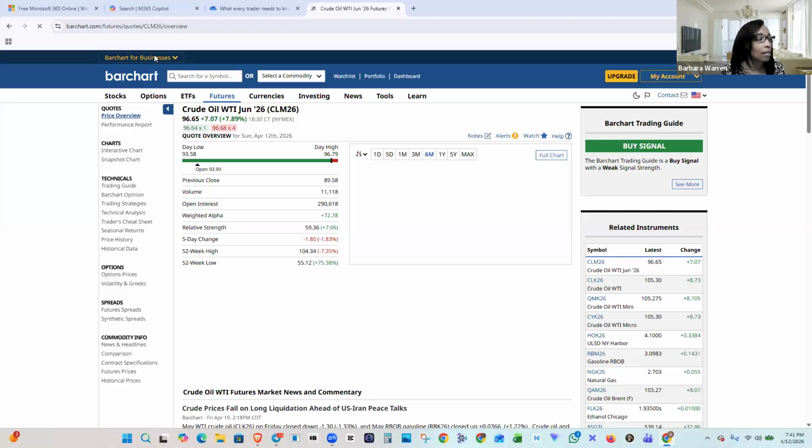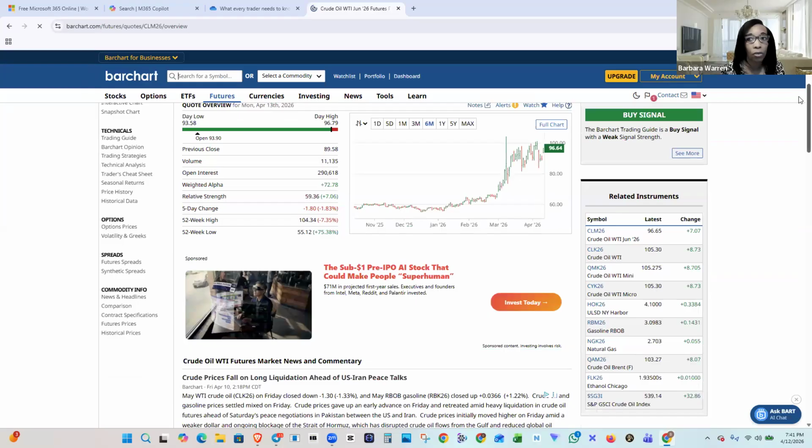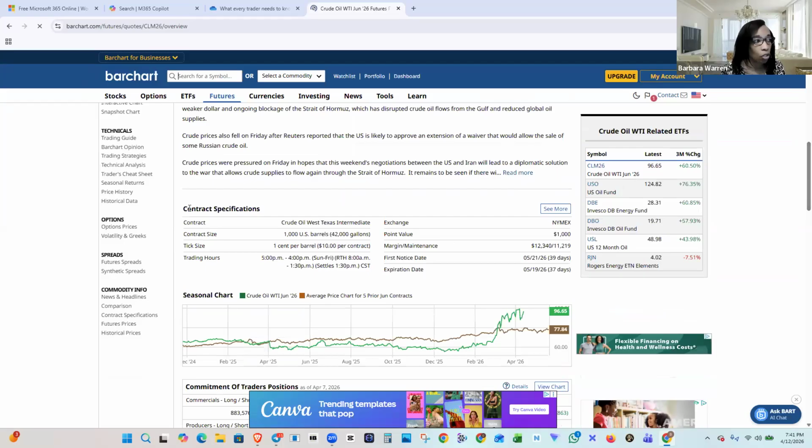This is the price overview page for this commodity, and this is one of the most important pages other than the chart itself because it lets you know your risk management, your contract specification, how much you're controlling, the tick size, when you can even trade this market, the trading hours, the exchange that it's on, the point value for it, the margin and maintenance, what you have to have in your account in order to enter this market.